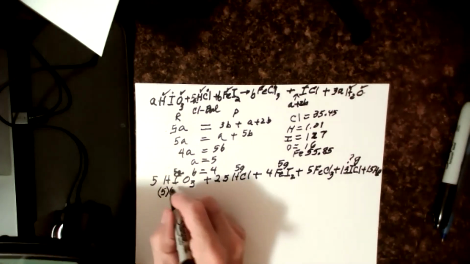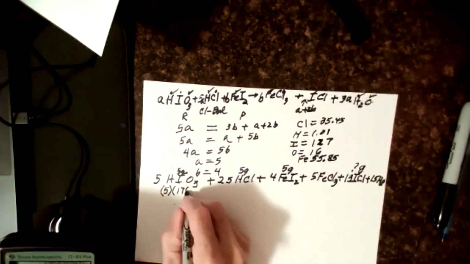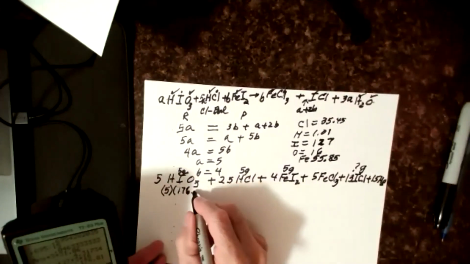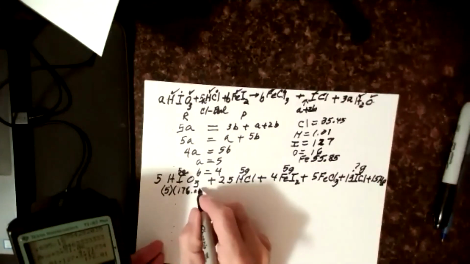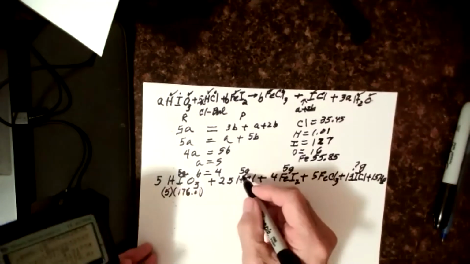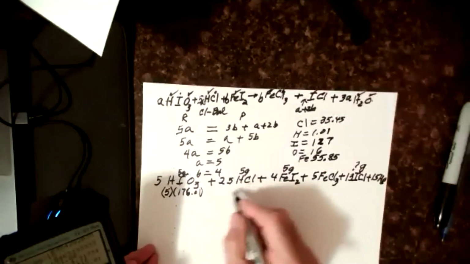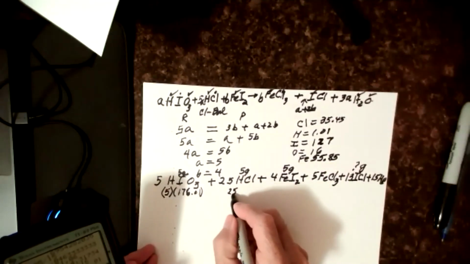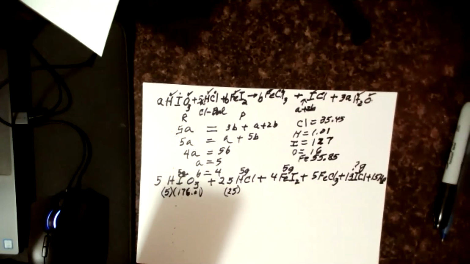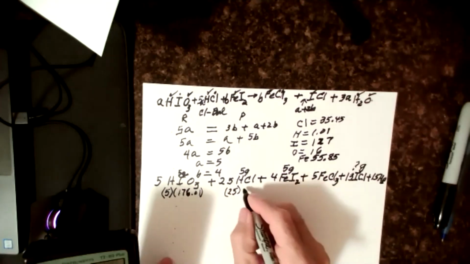I get 176.01. Okay, so that's the amount of this. Let's do this one, have it all set up. 25 moles, so it's 25. In grams, I need the molar mass. That's 1 plus 35.45 is 36.45.